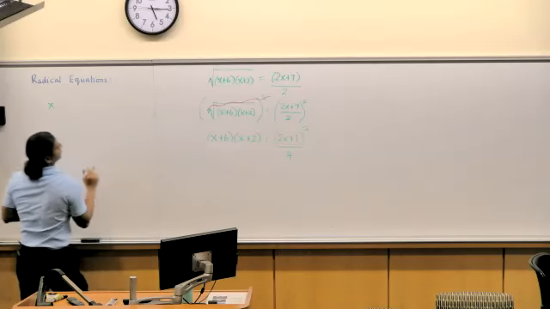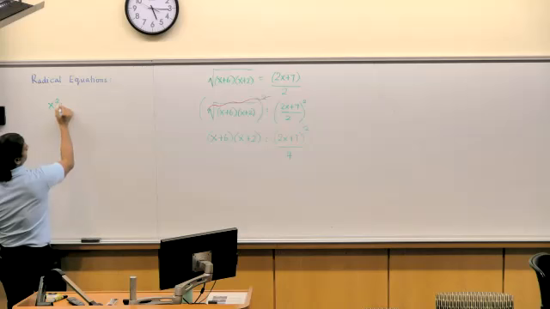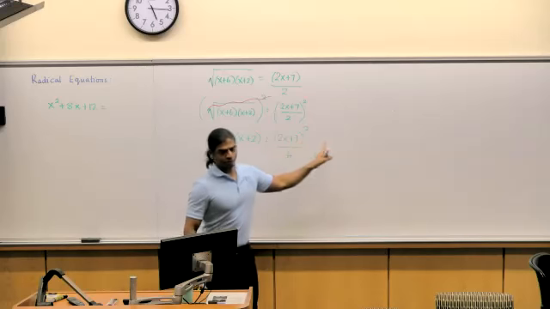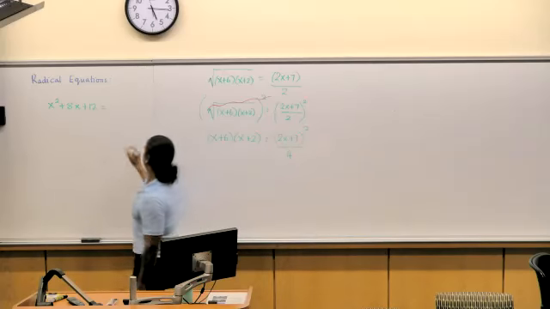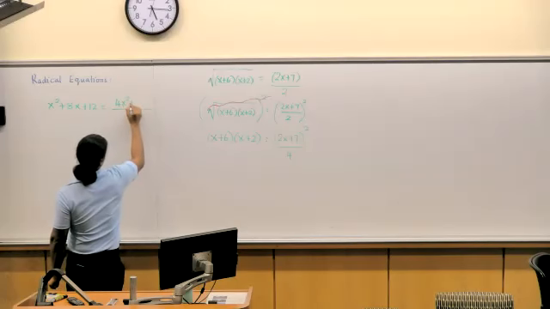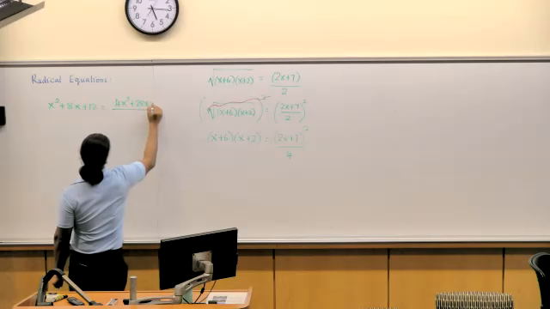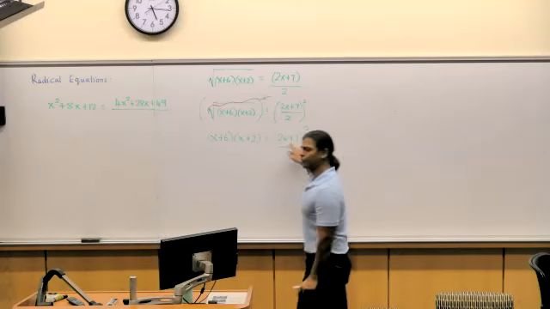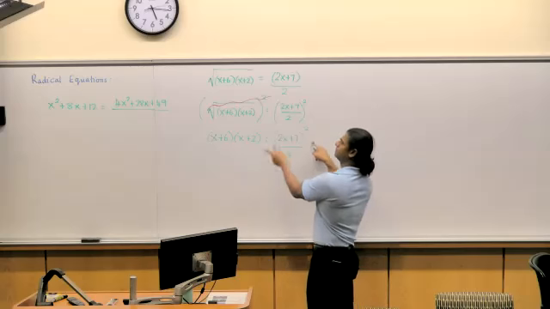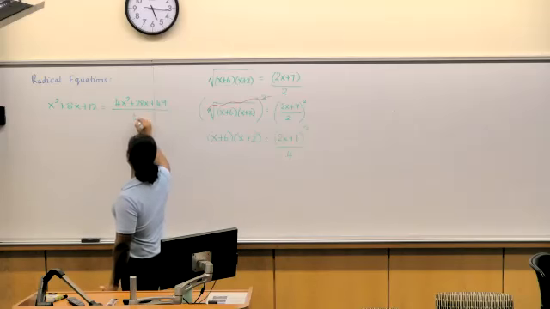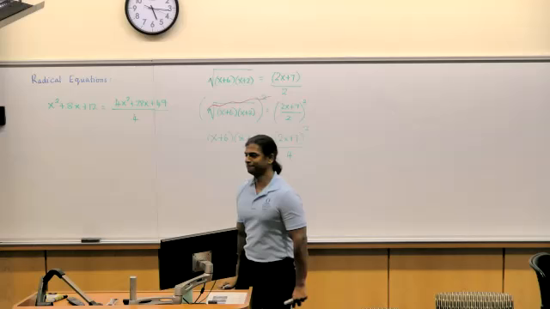Going to FOIL on this side, x squared plus 8x plus 12 equals, FOIL over there, 4x squared plus 28x plus 49, by FOIL 2x plus 7 multiplied by 2x plus 7. I would get that. What is the next step?